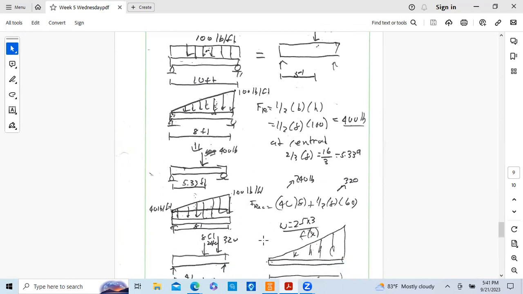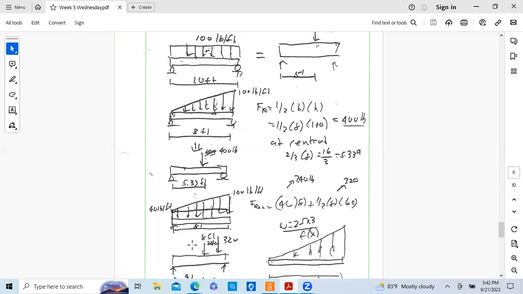What we do is we would have two forces, the rectangular force and the triangular force. And the triangular force is 240, and the rectangular force would be base times height, 8 times 40, 320.